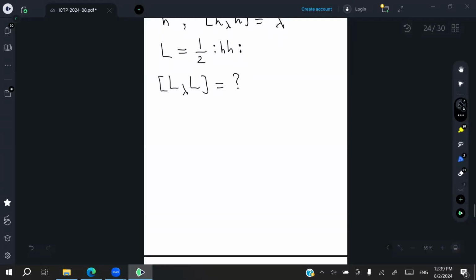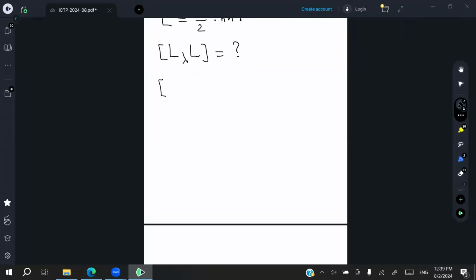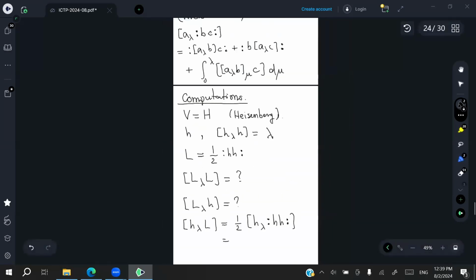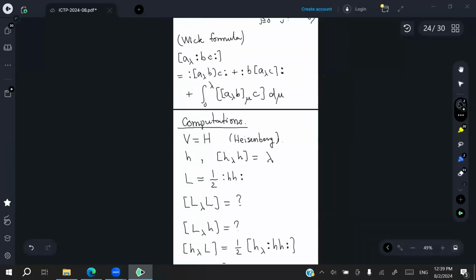Well, first let's compute L lambda h. h lambda L is a half h lambda h with the normally ordered product. So you would then use the Wick formula to simplify this expression. And you get this integral and everything.